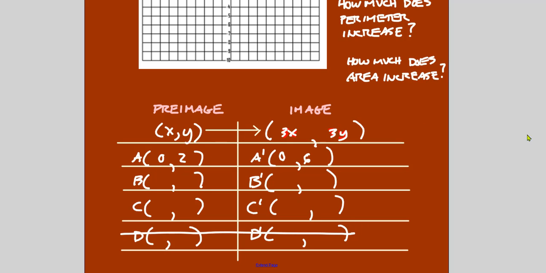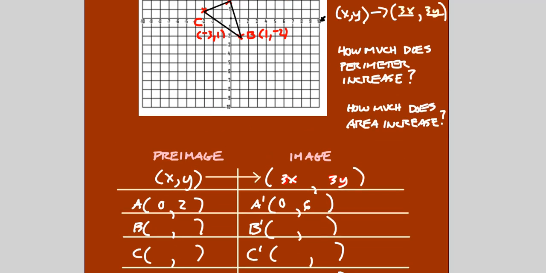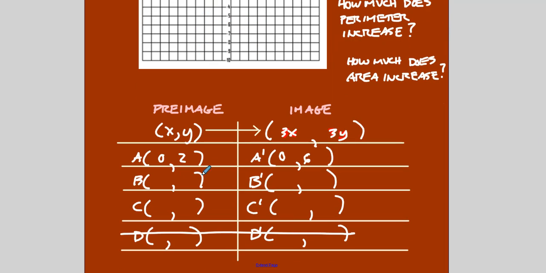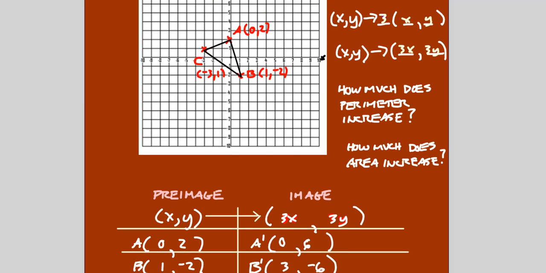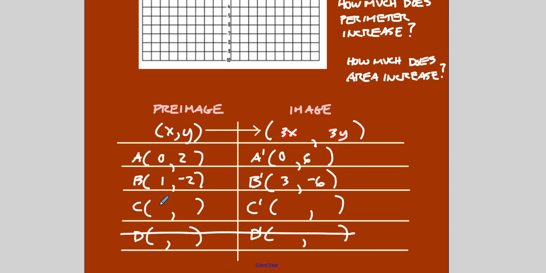So B then, the coordinates of B are 1, negative 2. So 3 times 1 is 3. 3 times negative 2 is negative 6. And then C, the coordinates are negative 3, 1. So 3 times negative 3 is negative 9. 3 times 1 is 3.